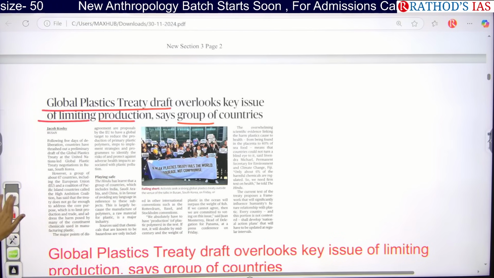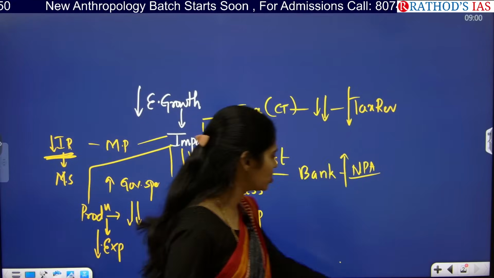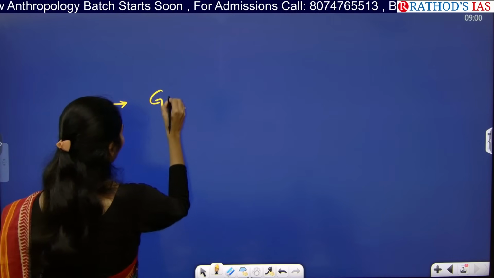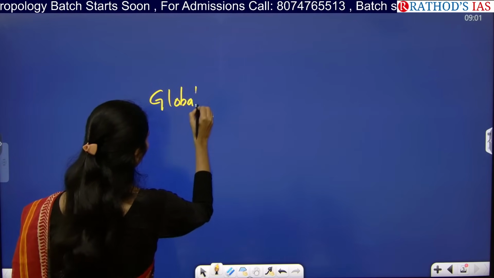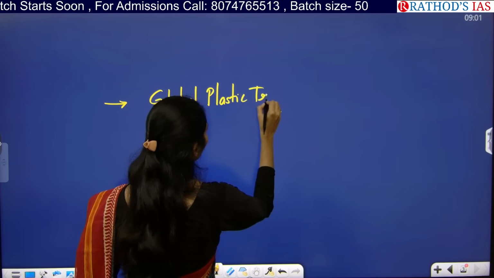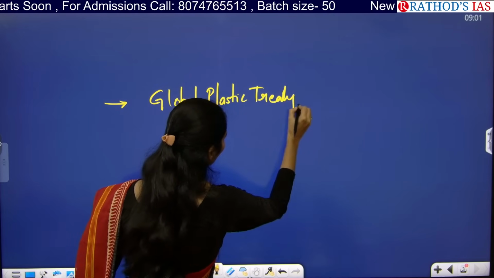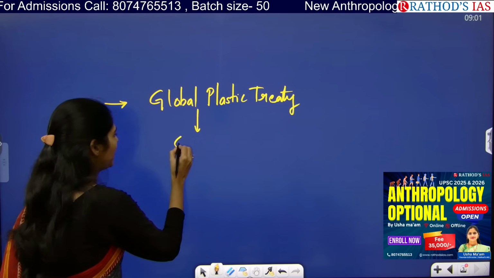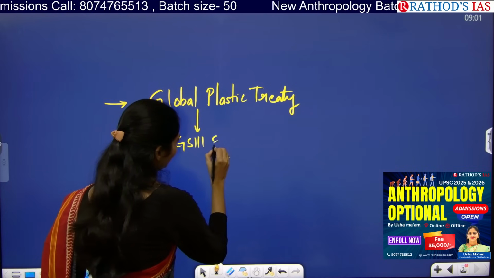No. So actually here you have to know about one important area that had been focused here. Global Plastic Treaty. So from which subject you will be seeing this, guys? Okay, from GS paper 3 under environment and ecology.